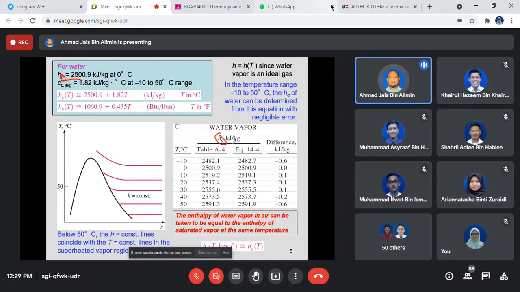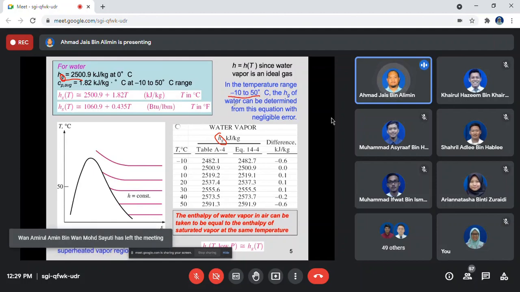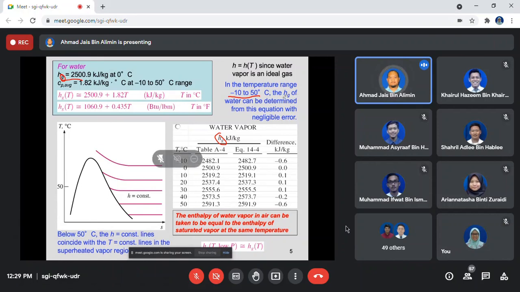So for the water vapor, we take the Hg as the enthalpy of the water vapor for that particular condition that we are doing the analysis and the calculation, as long as the temperature range is within -10 to 50 degrees Celsius. So the enthalpy based on Hg, we can use that value because the error is quite negligible.